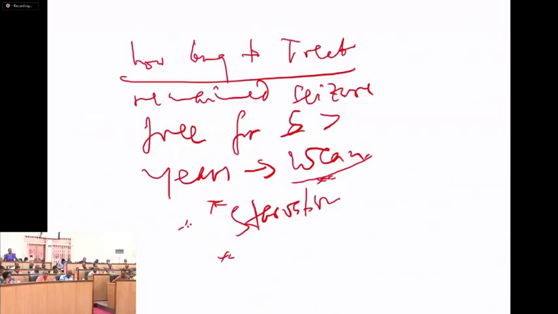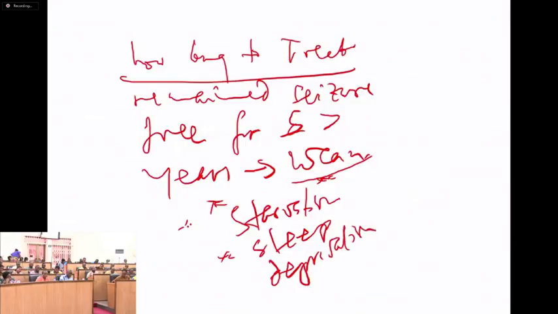Sleep deprivation: the person can be seizure free, but sleep deprivation would trigger a seizure.